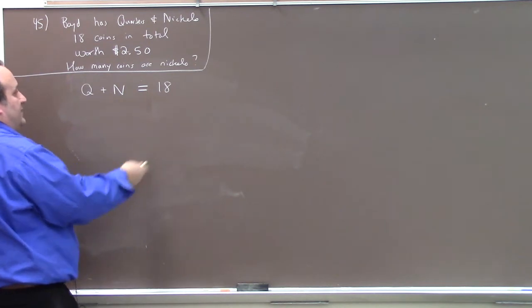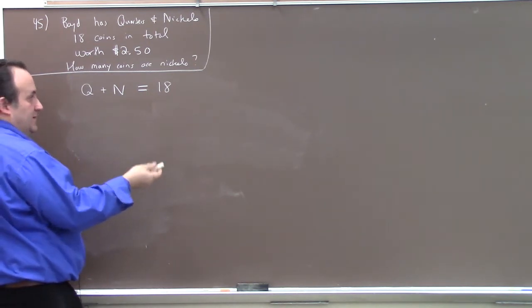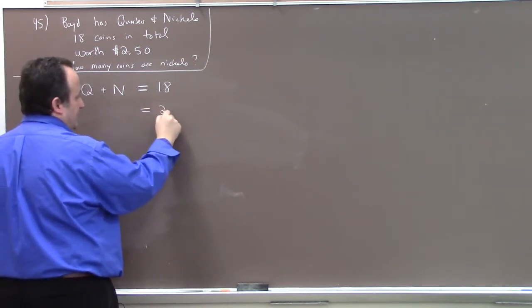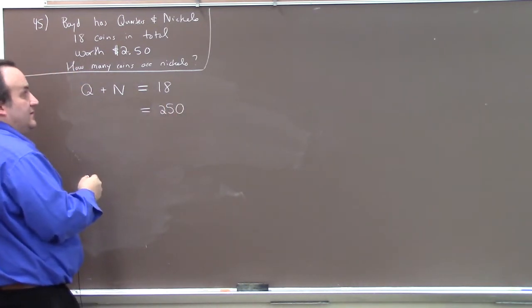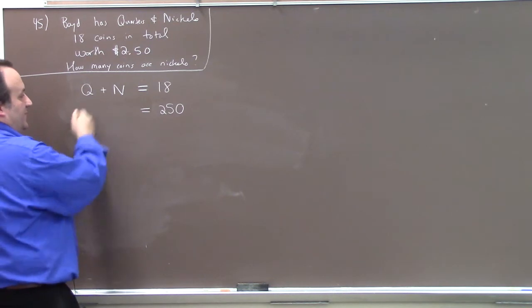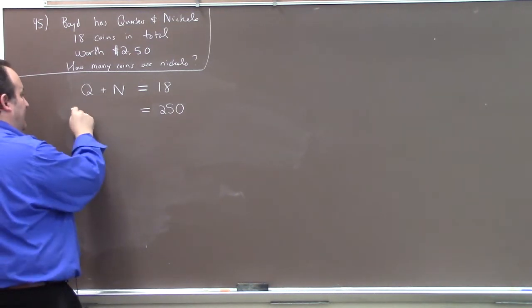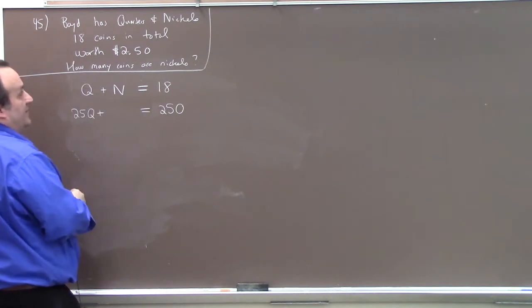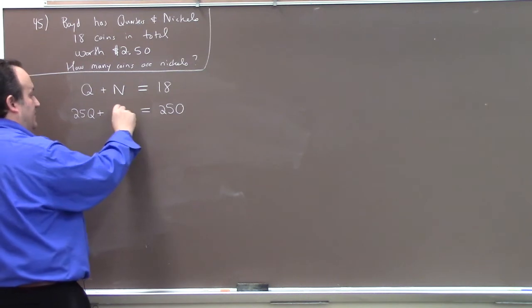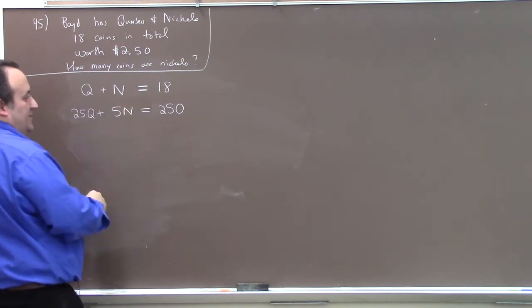Now, if I want to do it in terms of cents, we've got 250 cents, right? How many cents does a quarter give me? 25, right? So 25Q. How many cents does a nickel give me? 5, right? So 5N.